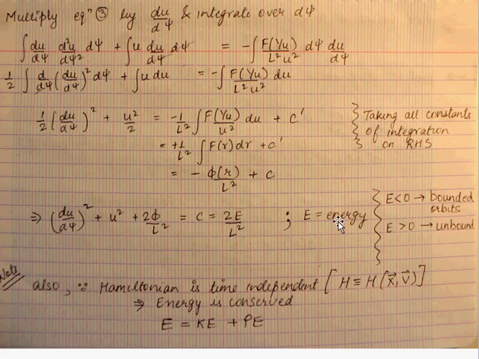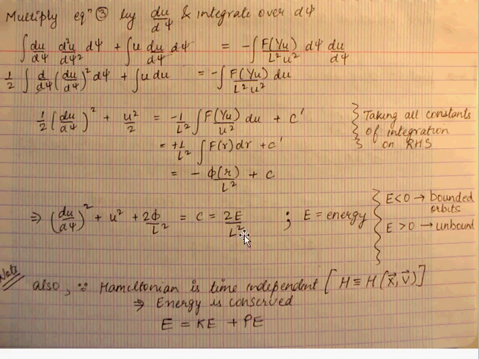If energy is less than 0, that means you have bounded orbits, the orbits that don't just fly off, like parabolas or hyperbolas, for instance. And if E happens to be greater than 0, then you have unbounded trajectories.